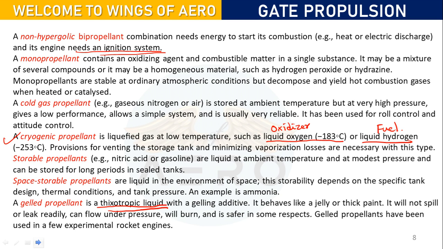Some ratios are there. So it provides a very effective cooling system to that jacket, but it cannot be used for a very huge engine. But for smaller engines, maybe of 1 ton or 0.5 ton thrust chambers, they can use this gel propellant, and it has been tested also. Got it?